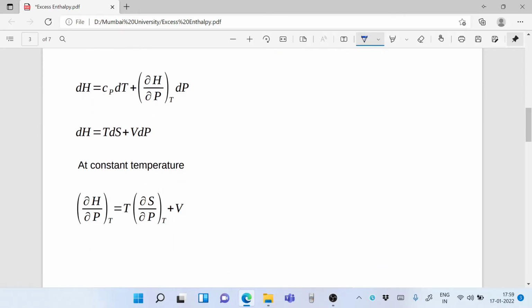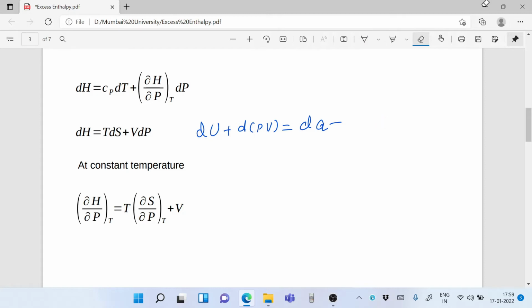Now from the first law, we can write du plus dPV is equal to dQ minus PdV plus dPV. Well, what I have done is, dU is equal to dQ minus PdV is the first law. What I have done is I have added dPV on both the sides. Now if I add dPV on both the sides, what do I get?